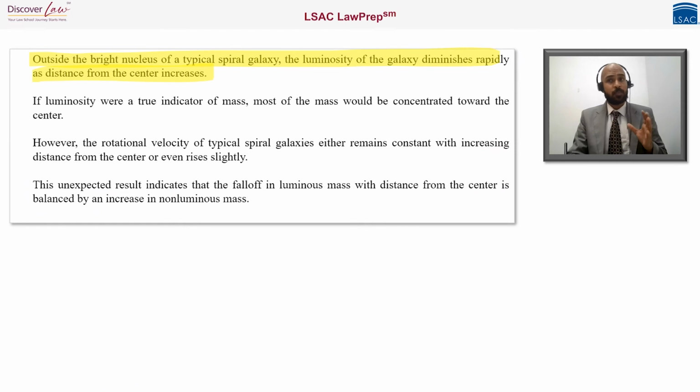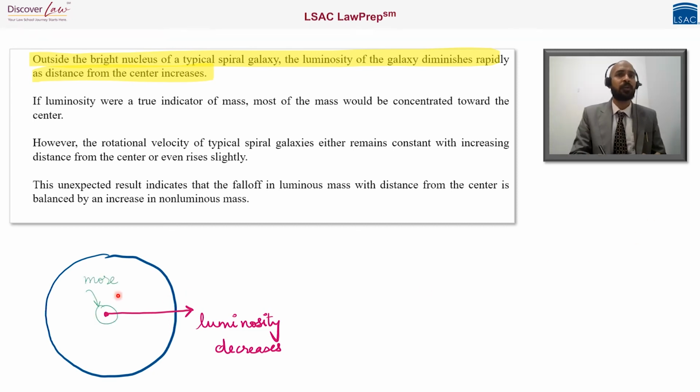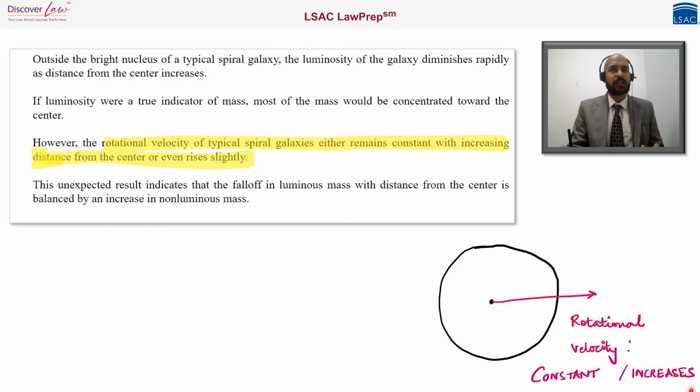Let us look at it once again. The first line says, outside the bright nucleus of a typical spiral galaxy, the luminosity decreases as the distance from the center increases. So it's more at the center and less outside. Then it says that the rotational velocity of a typical spiral galaxy either remains constant or even rises slightly.